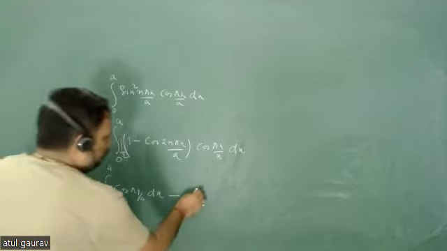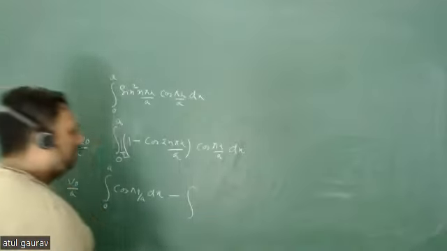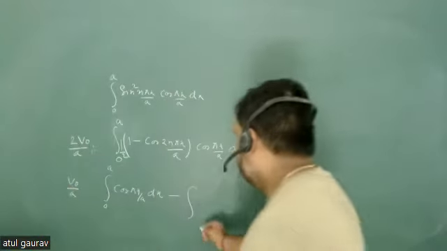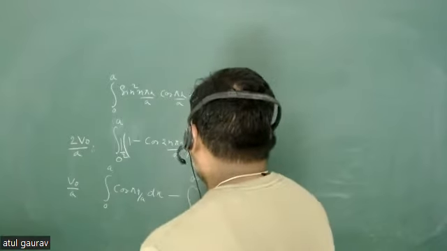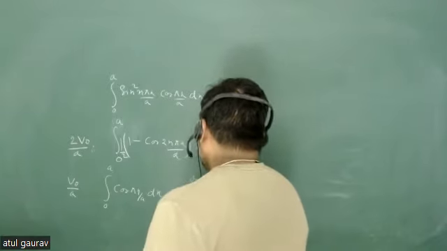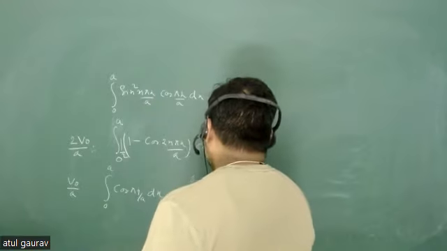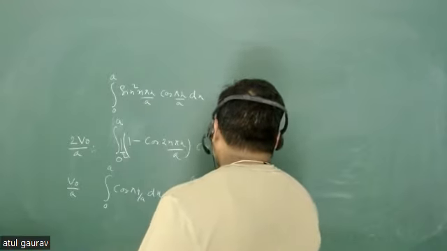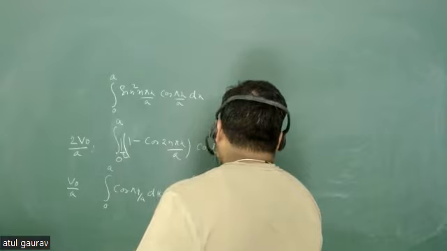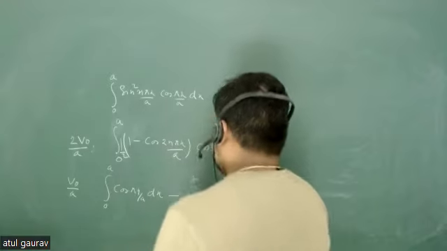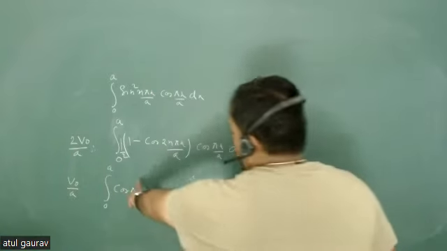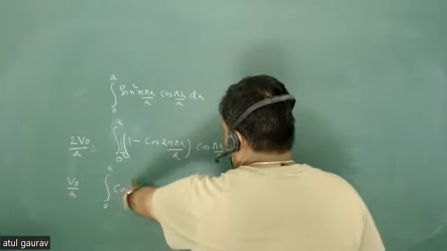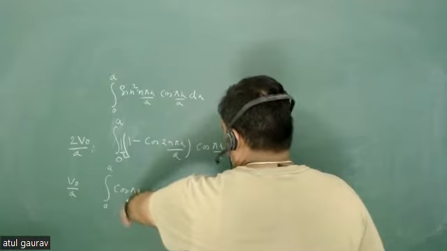I think the book has the ground state, and I have taken the nth state. Very good. So what will the second integration be? 0 to a of cos(πx/a) and cos(2nπx/a) dx. Okay, good, so this value is 0.